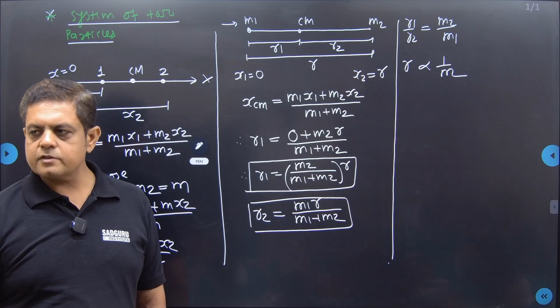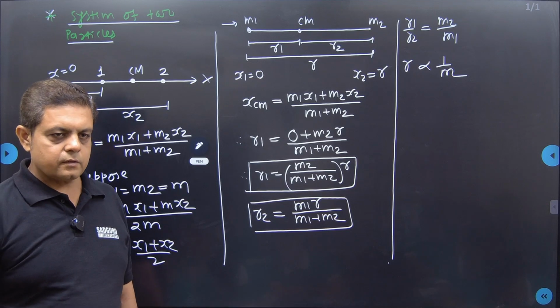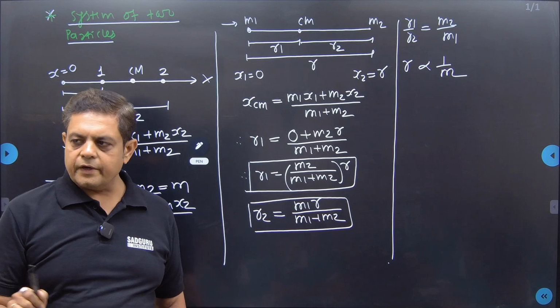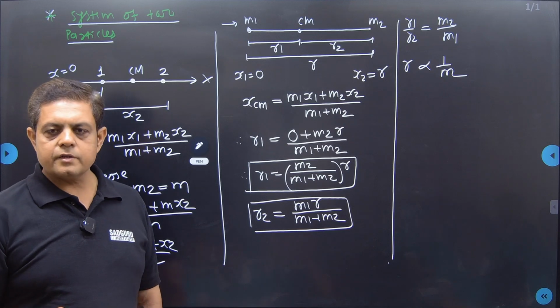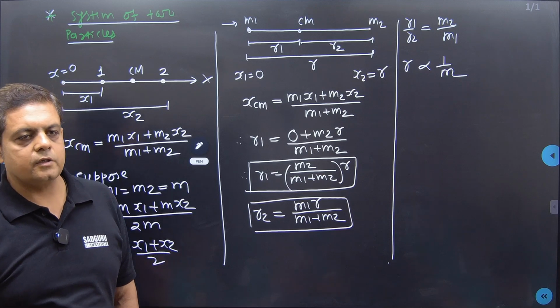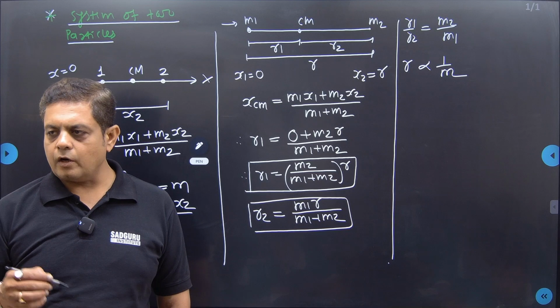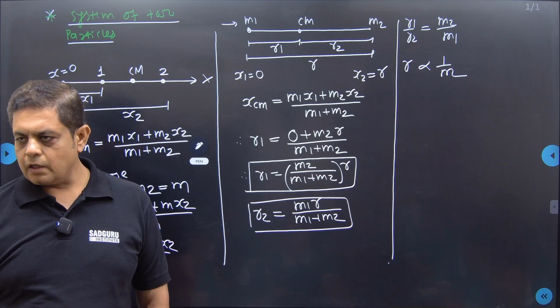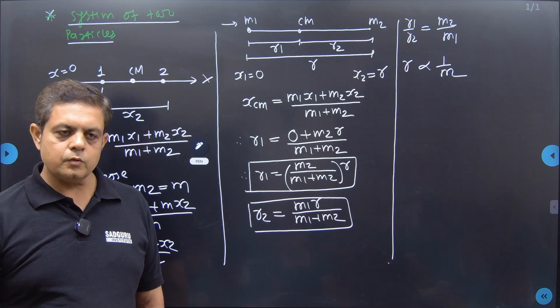So if you are given a system of two particles and you are asked roughly where the center of mass should be, it is always nearer to the heavier particle. If I consider the system of Earth and Sun, then I can conclude that the center of mass of the system is nearer to the Sun.